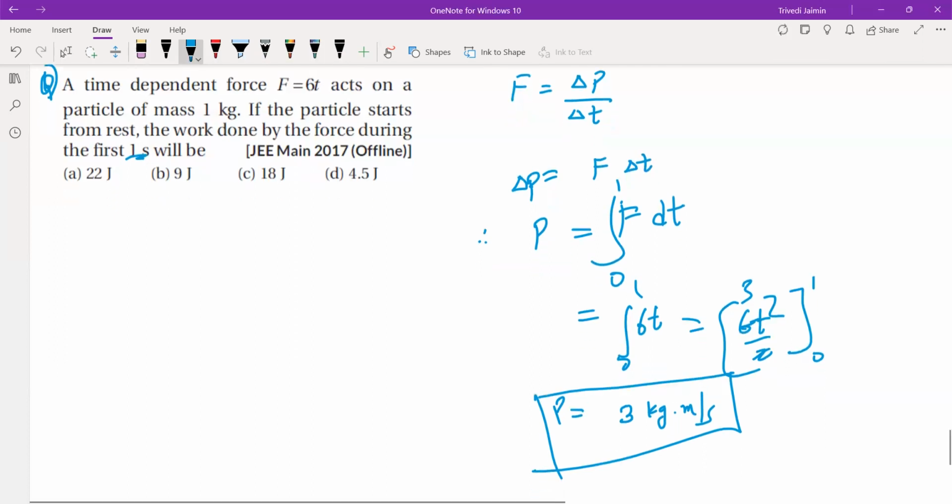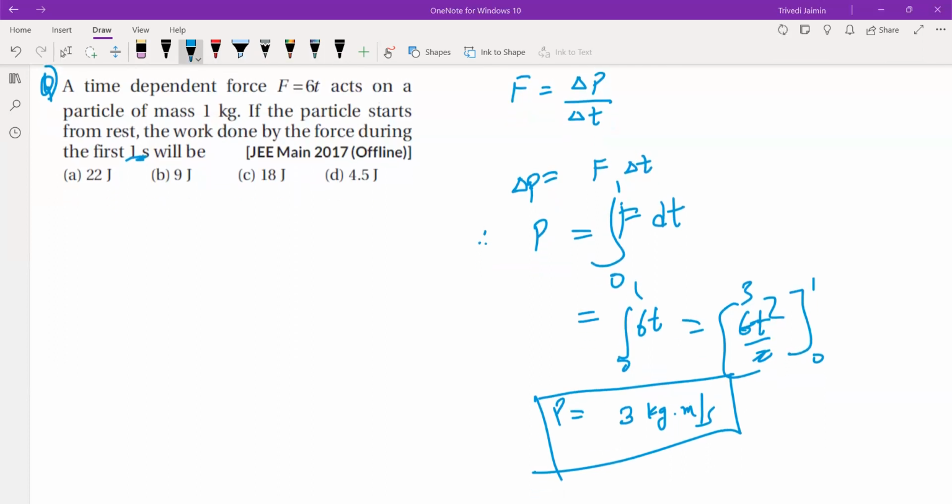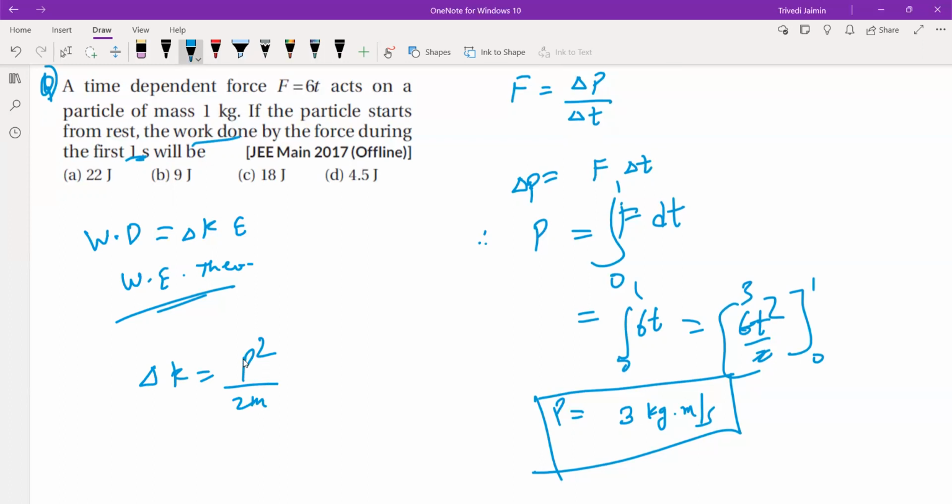Okay, we found momentum. Now, why are we finding momentum? Because we need to find work done. Work done in terms of kinetic energy. Change in kinetic energy by which theorem? Work energy theorem. If you remember, Kf minus Ki, that's what we wrote. So delta K equals to delta P square by 2m. P square, that is 3 into 3, by 2 into m.